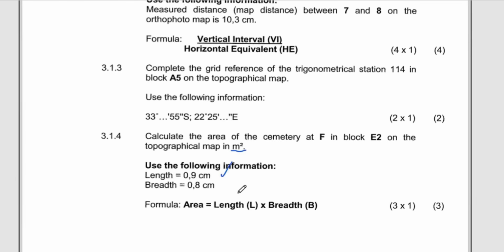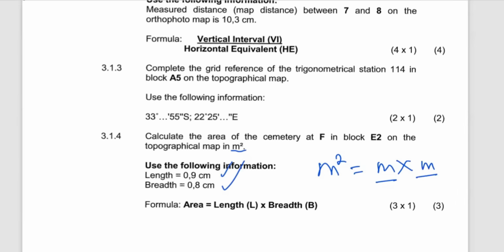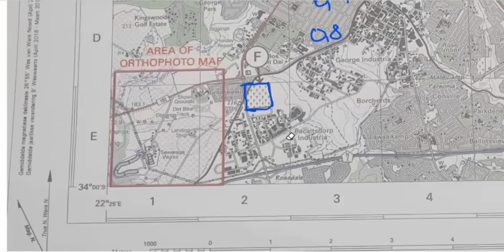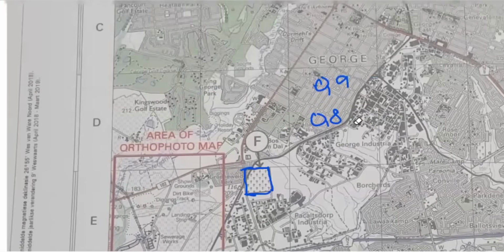So for us to get square meters, we can only get a square meter after we have multiplied a meter value by a meter value. So we need to change these measurements to meter values according to the map scale that we are using for that very map. So our map scale is 1:50,000 for the topographic map.